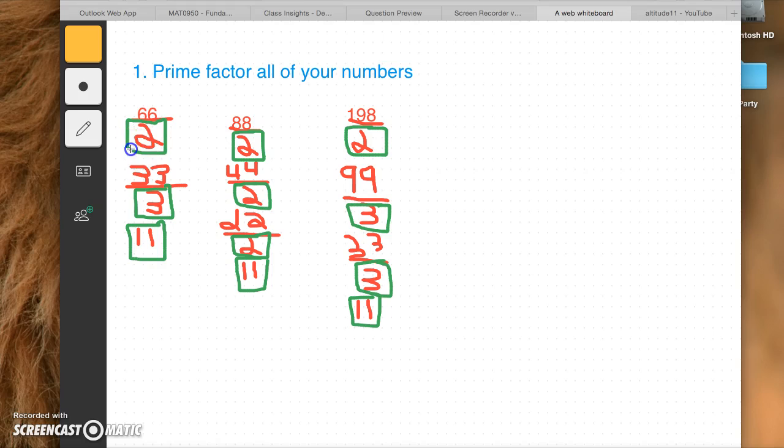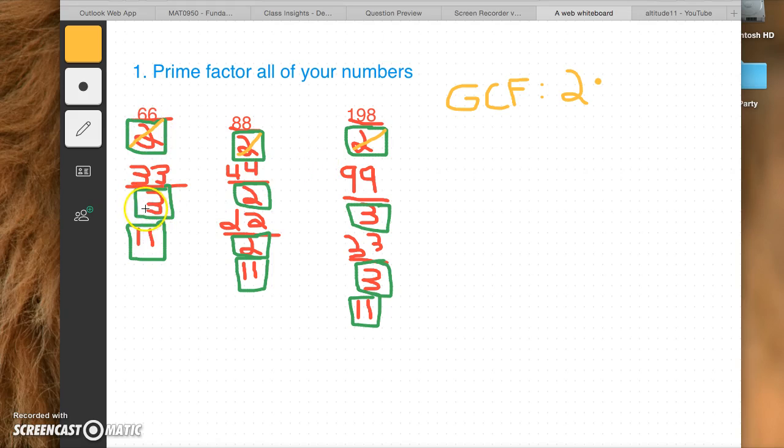For instance, in 66 there's a factor of 2. In 88 there's a factor of 2. In 198 there's a factor of 2. Therefore, in the GCF of these three numbers, there will be a factor of 2. And we're going to have to multiply this by any other shared factors.